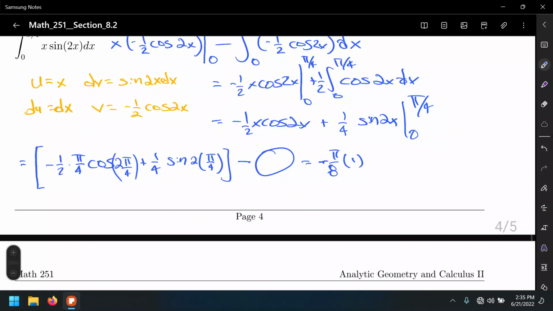What's sine of pi over 2? 1. Cosine of pi over 2 is the x value on the unit circle corresponding to a 0. And our final answer, 1/4. Right?